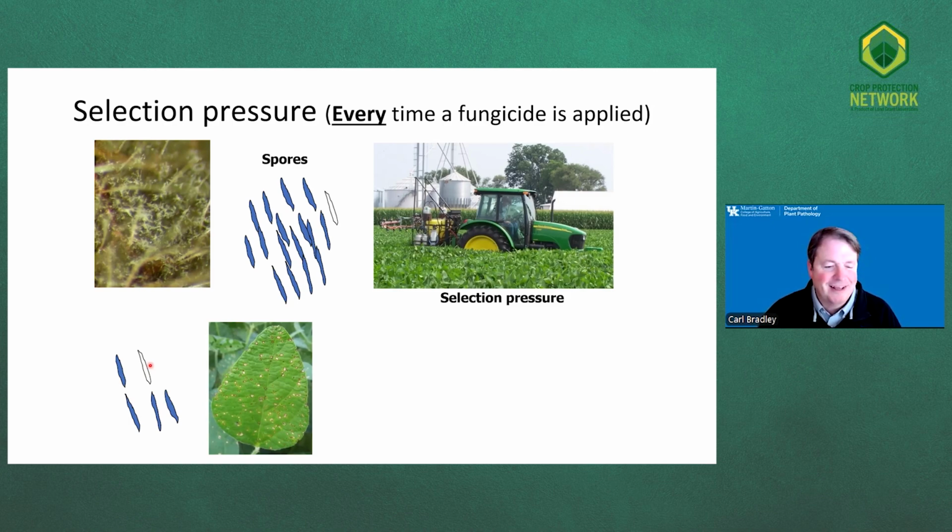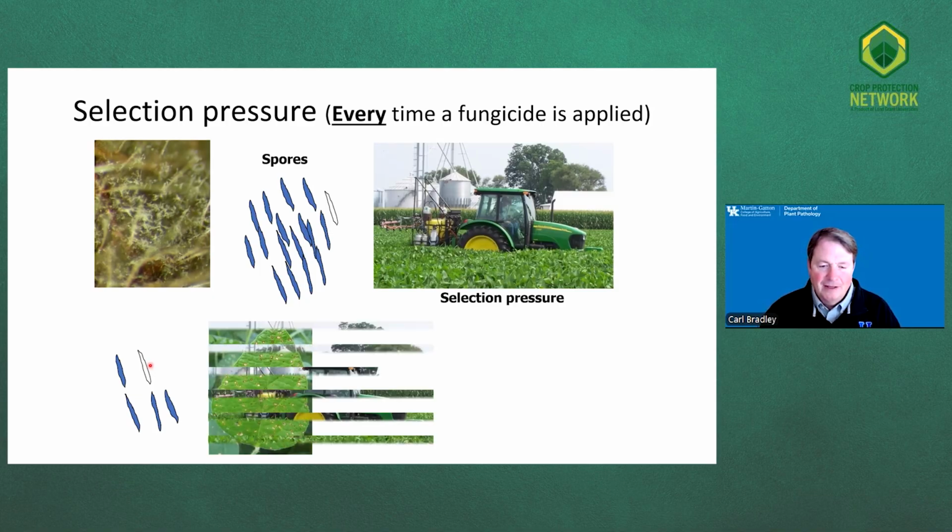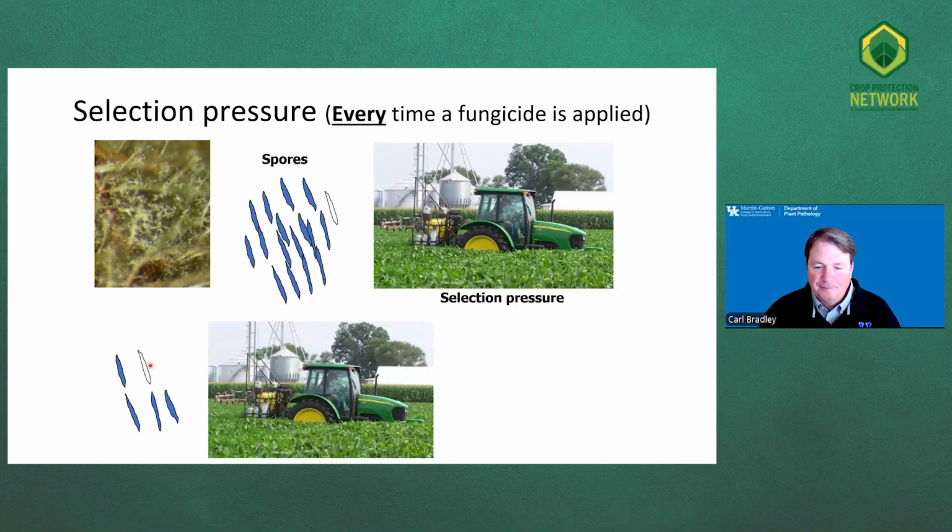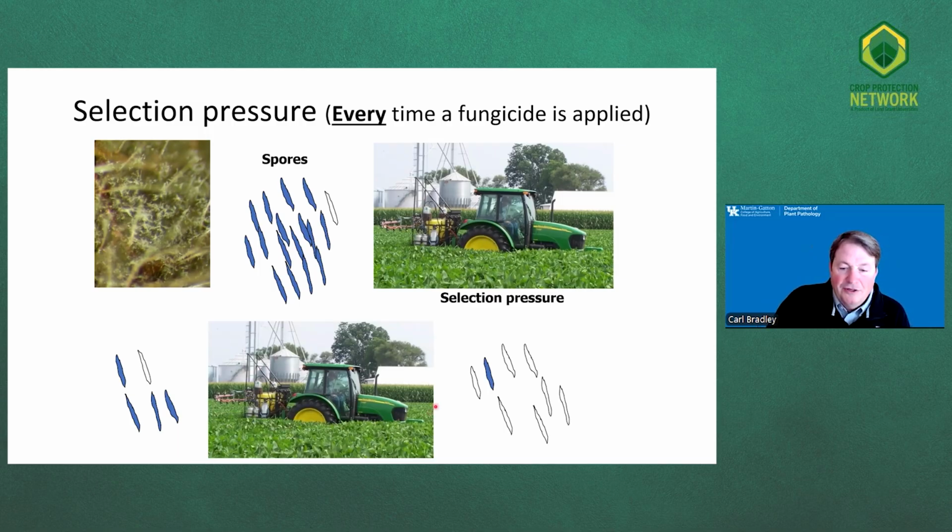We grew soybeans in that same field and we started to see frog eye leaf spot again. We make that application. What happens this time? Well, we took care of almost all the blue ones. There's just a few left, just one in this picture. The blue one again is the sensitive, but what remains are the resistant isolates.